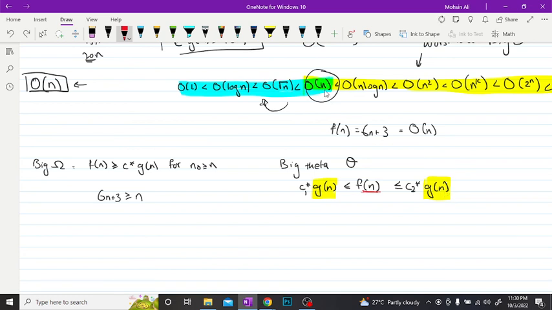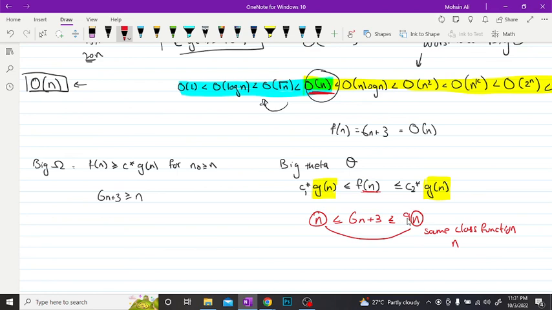And for f of n, we can see that if we have n over here, and if we have g of n as 9n, this is basically the same class function, which is basically n.